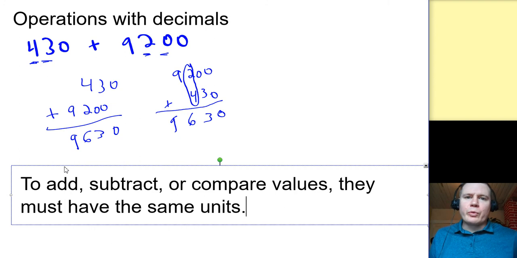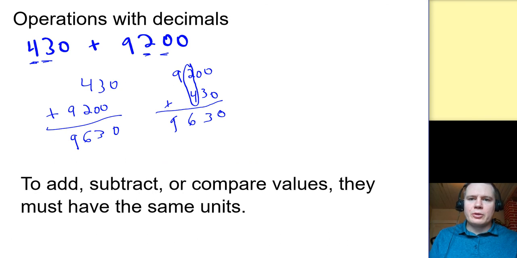That's the key with fractions, with whole numbers, with decimals, with word problems, is recognizing we've got to have the same units. So hundreds with hundreds, we can add that. So let's try another example. I'll keep it on the same page here so we can compare these.